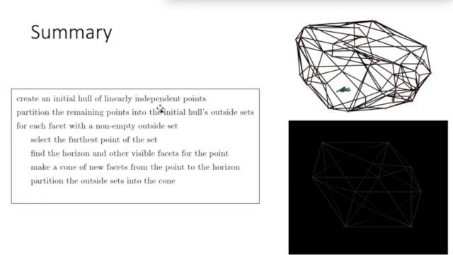You have to find the initial hull, and then partition the points into the outside sets, and for each face with a non-empty outside set, you select the furthest point in the set, and then find the visible faces for the point, and then connect it to form a new convex hull, and then use the new convex hull to find the outside sets again, and repeat this procedure until the outside set is empty.